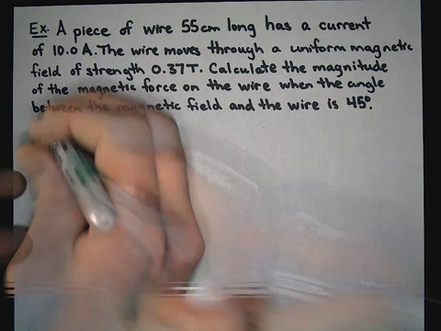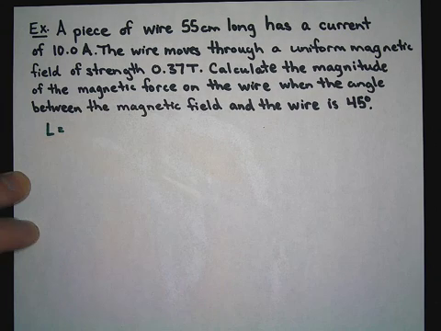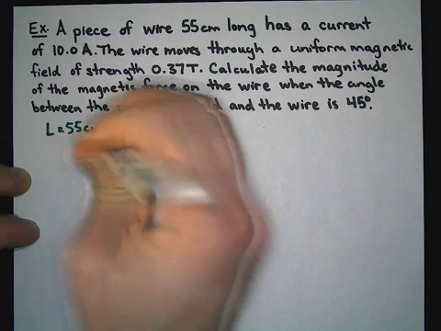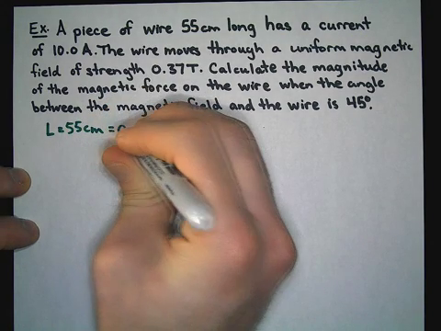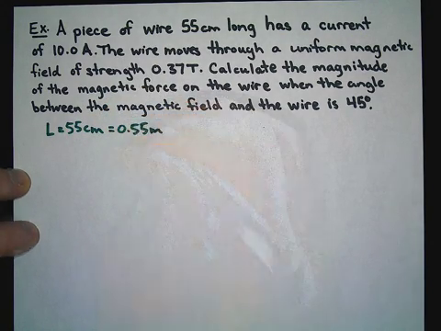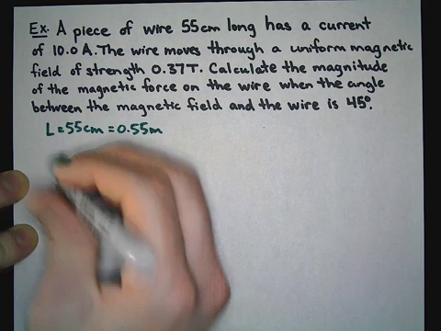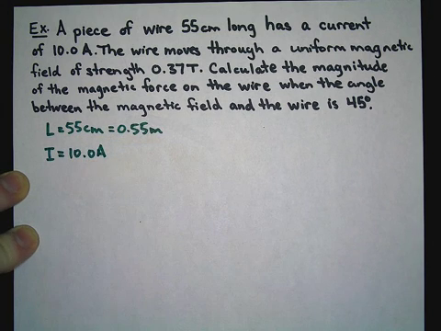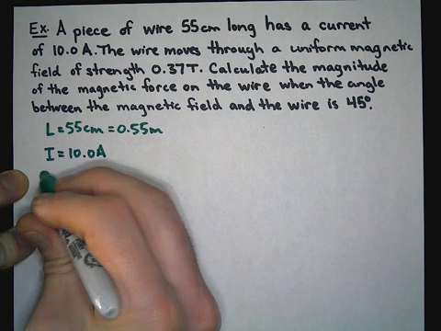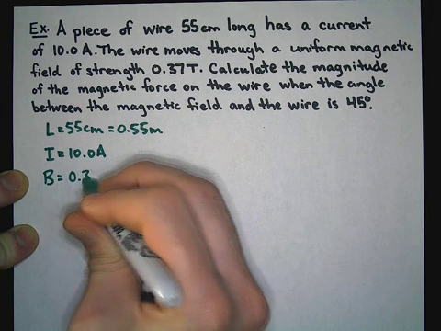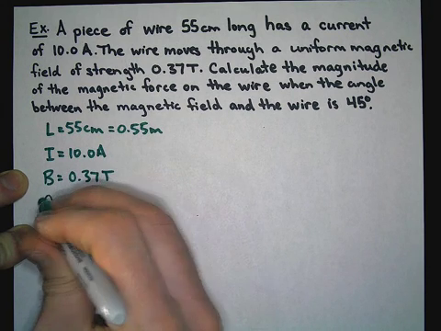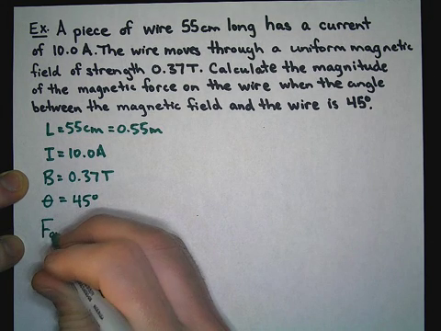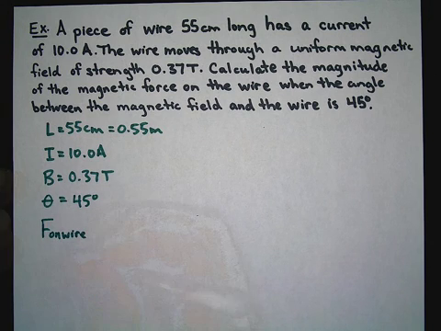It's fairly easy math, because we're given the length of 55 centimeters, which when we divide by 100 is 0.55 meters. We are given our current of 10.0 amps, the field strength of 0.37 Tesla, and the angle of 45 degrees, asking us to calculate the magnitude of the force on the wire.